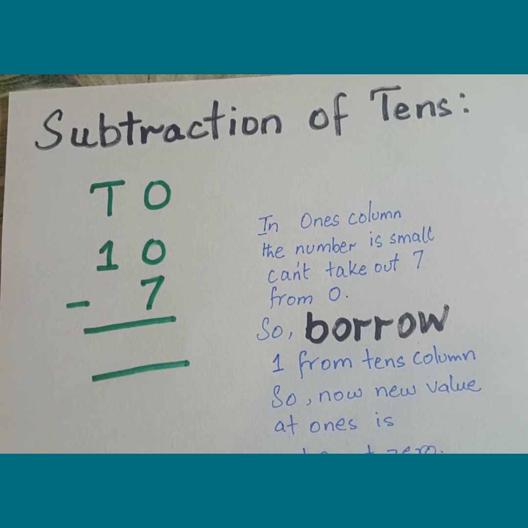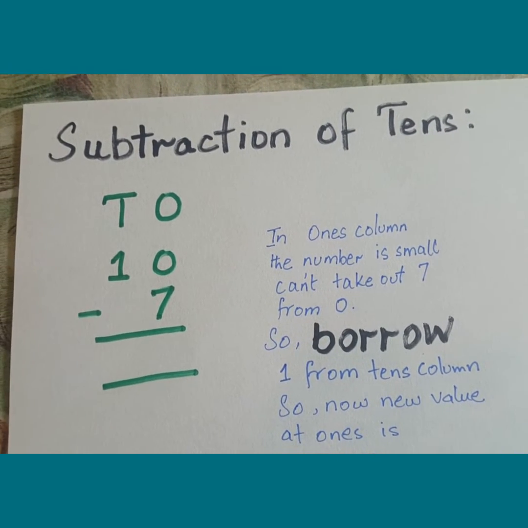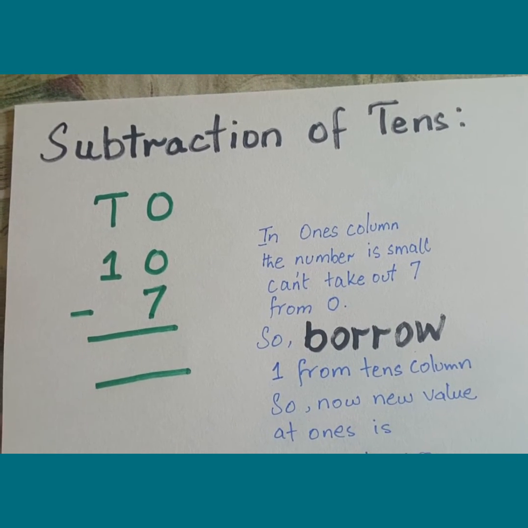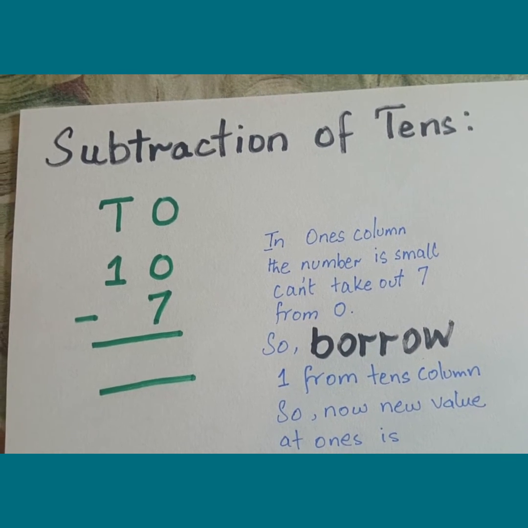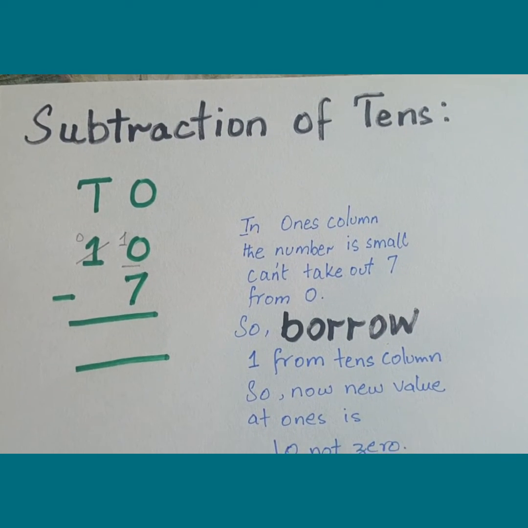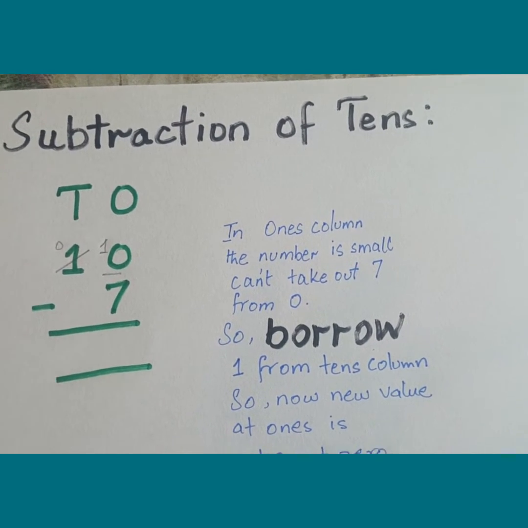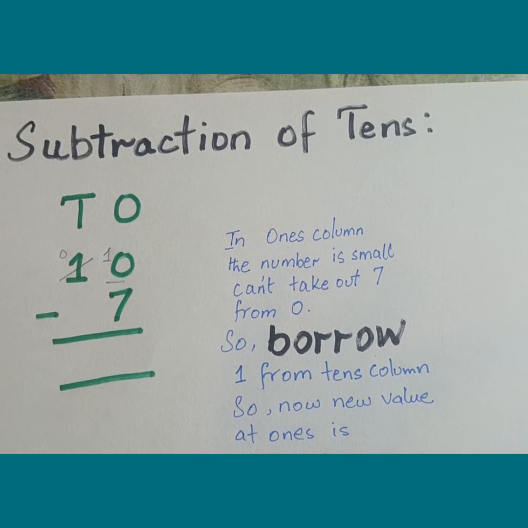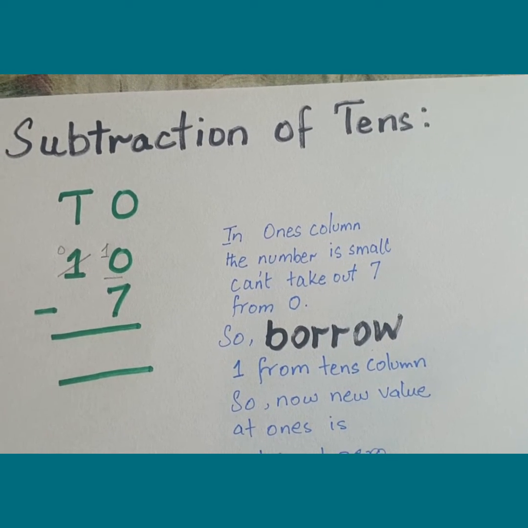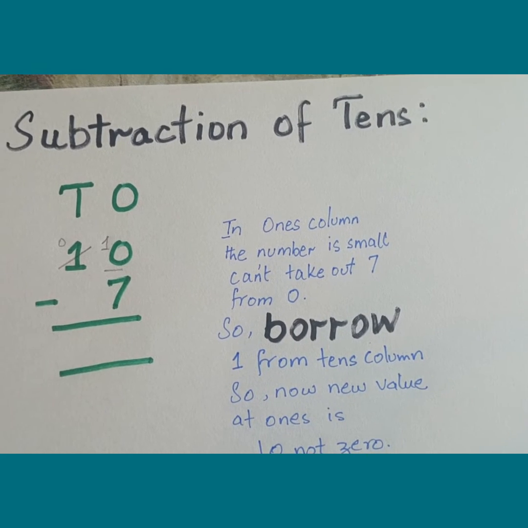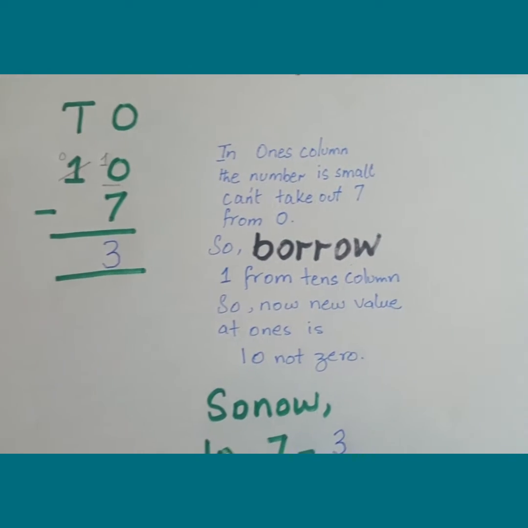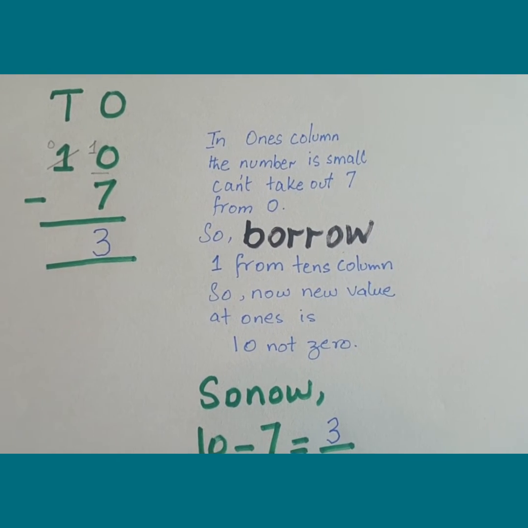We will borrow 1 from the tens column to make the 0 column 10. Now the value in the ones column is now 10. So 10 minus 7 is now 3.